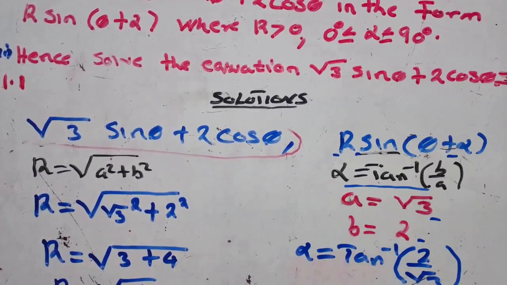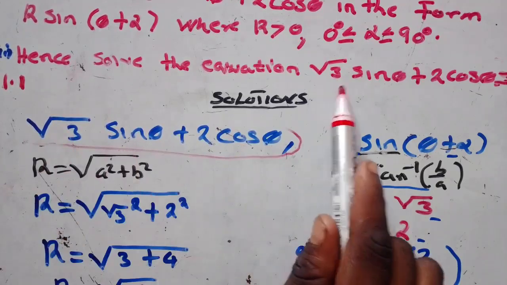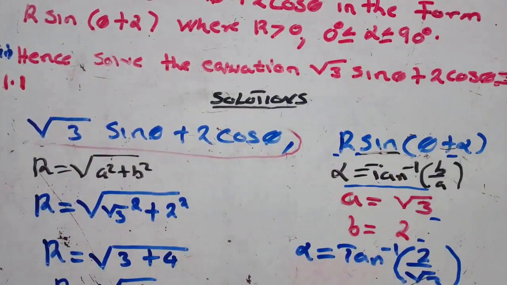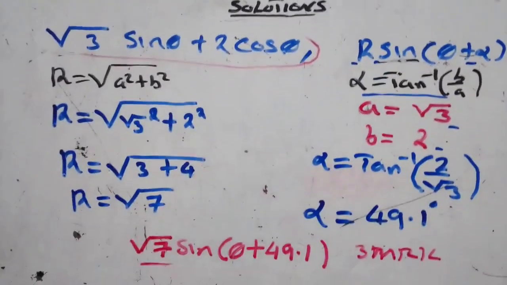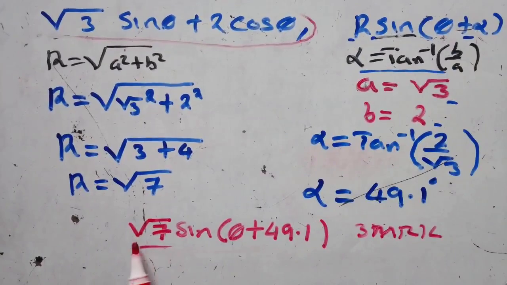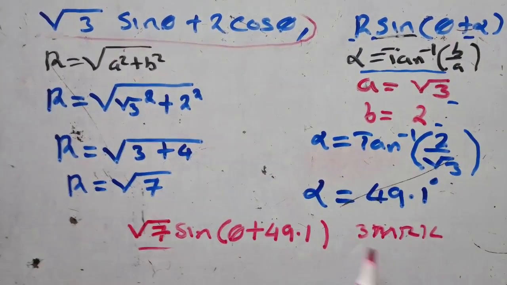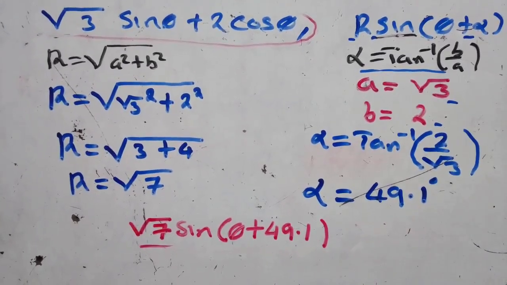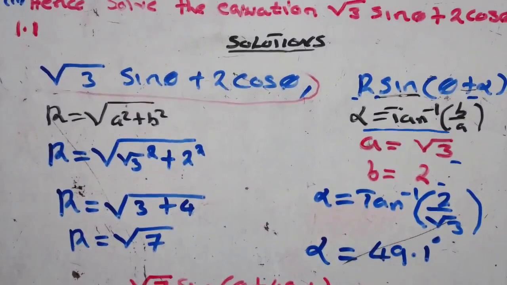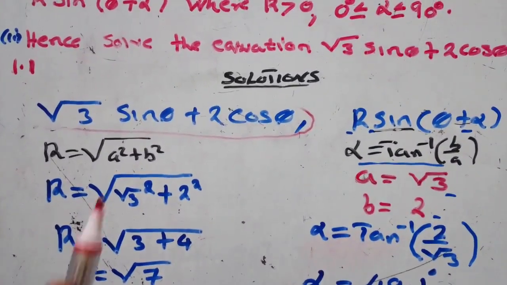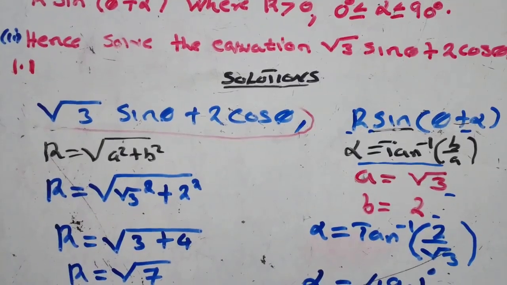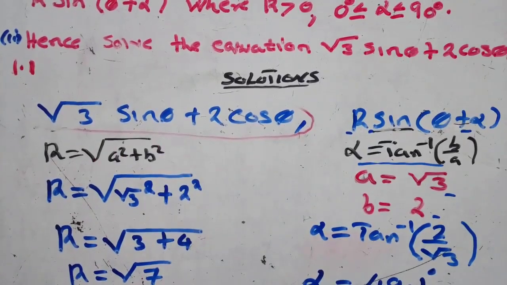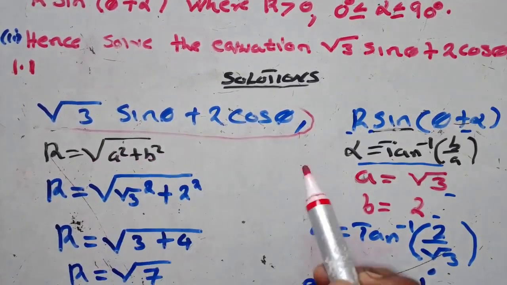We have expressed this equation in the R form, and it has given us root of 7 sine this and this, so the equation they are telling us to solve is equal to this one.